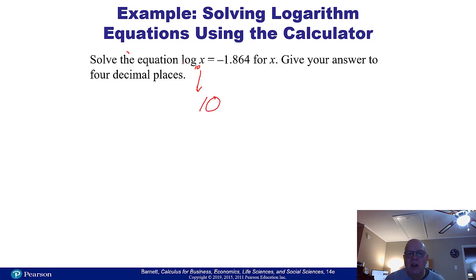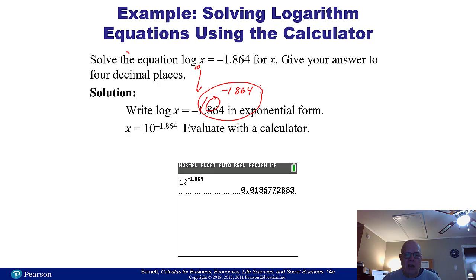What's the exponent? Logarithms are exponents, negative 1.864. Hit enter. Use 4 decimal places. By the way, when in doubt, just use 4 decimal places, okay? And there you go. There's your answer.